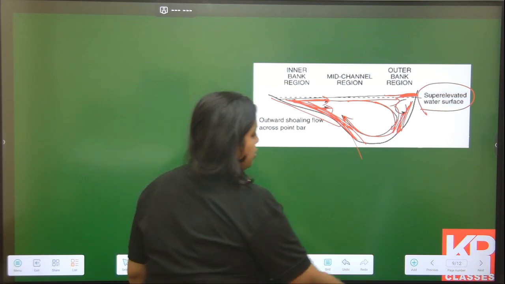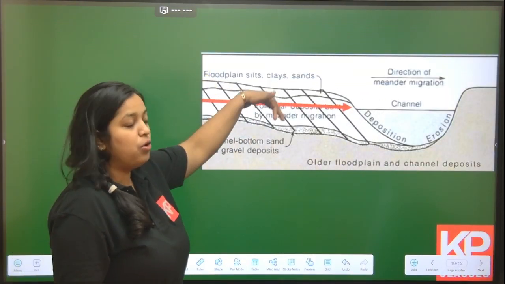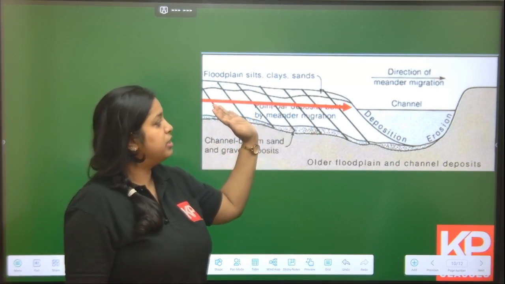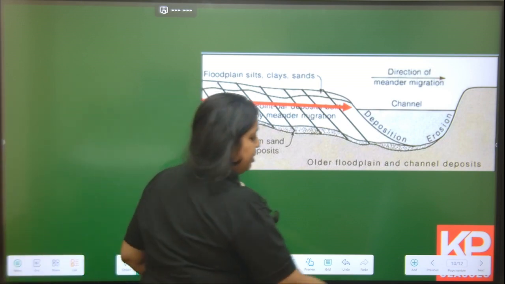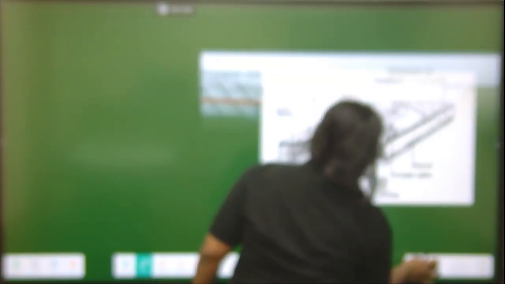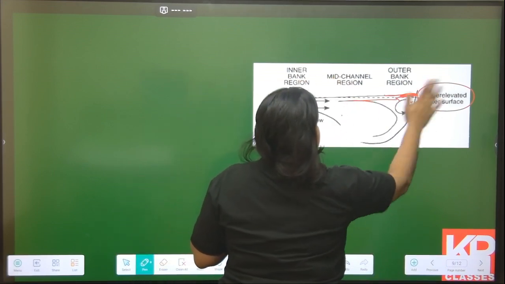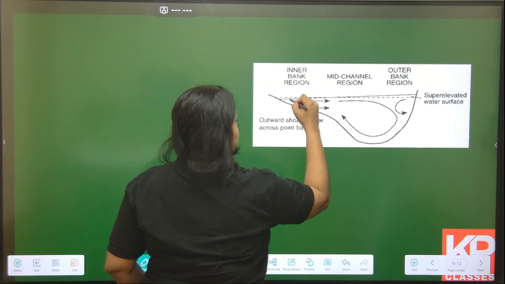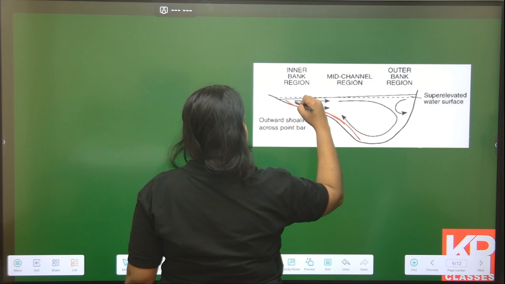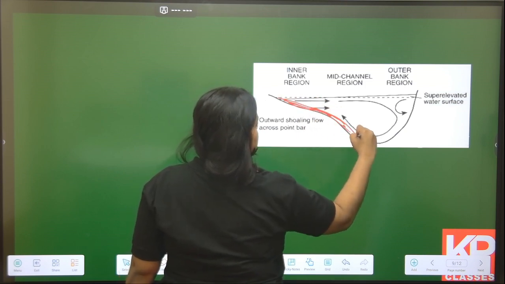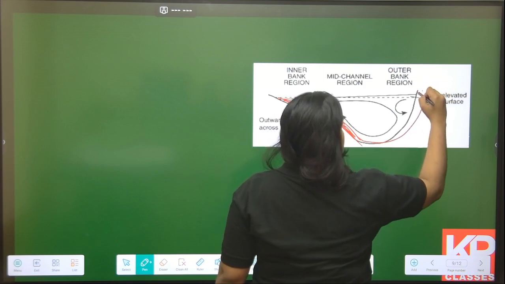Okay, now the point bar deposition happens along the inner margin, with further deposition of the sediment. Imagine one set of point bar deposited over here, and again this side underwent some migration and erosion happened.